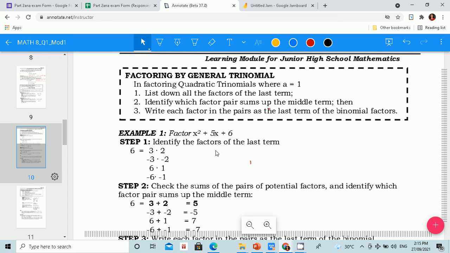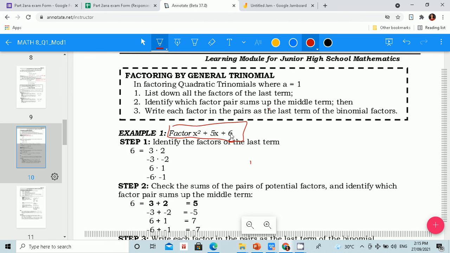So first thing to do, if we have this example, x square plus 5x plus 6, we identify the factors of the last term.